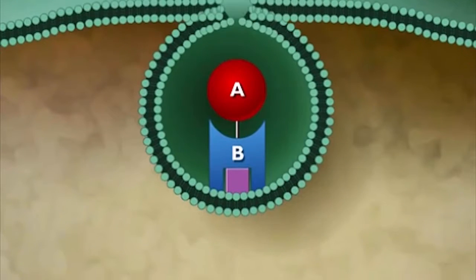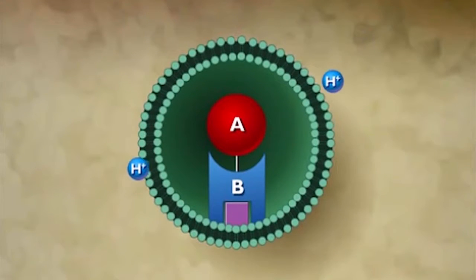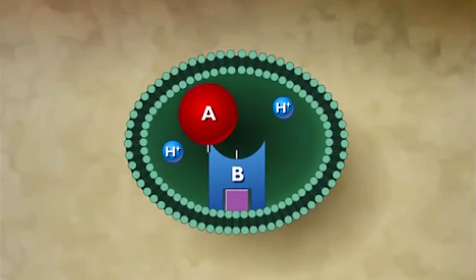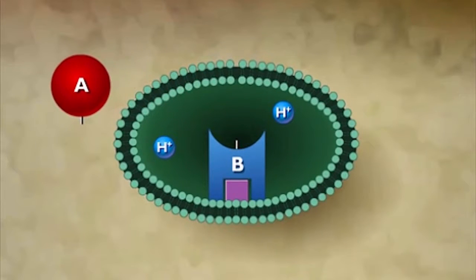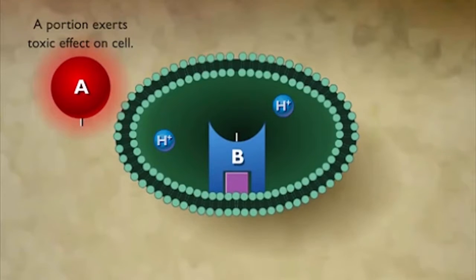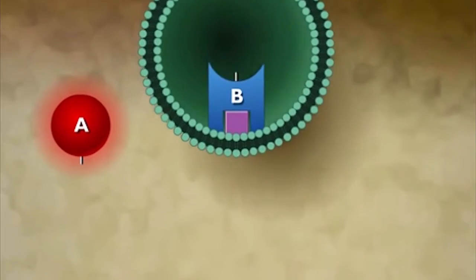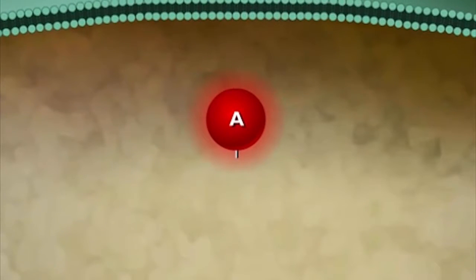After endocytosis, the inside of the vesicle becomes acidic. This acidic milieu of the vesicle causes the separation of A and B portions. The A portion enters the cytoplasm of the cell and exerts its toxic effect, while portion B is removed from the cell by a process called exocytosis.